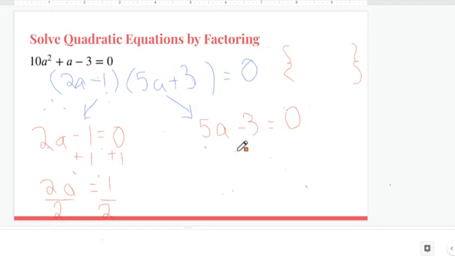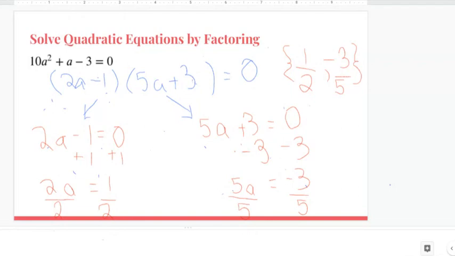And then I take the other expression, write that in this equation, 5a plus 3 equals 0. And I'm going to subtract 3 from both sides and then divide both sides by 5. And I will get a solution of negative 3/5. And so I can write that solution set as 1/2, comma, negative 3/5.